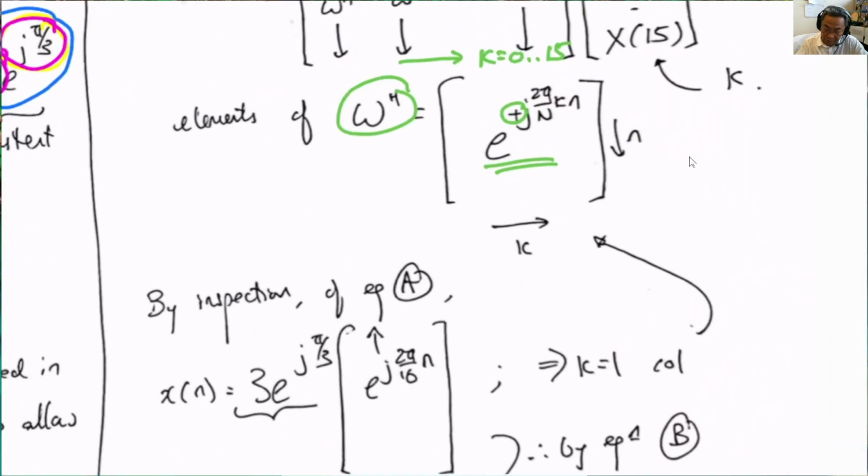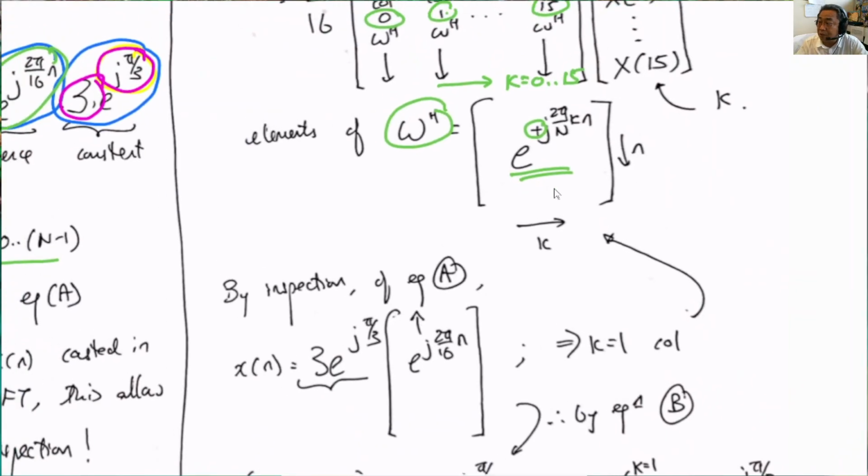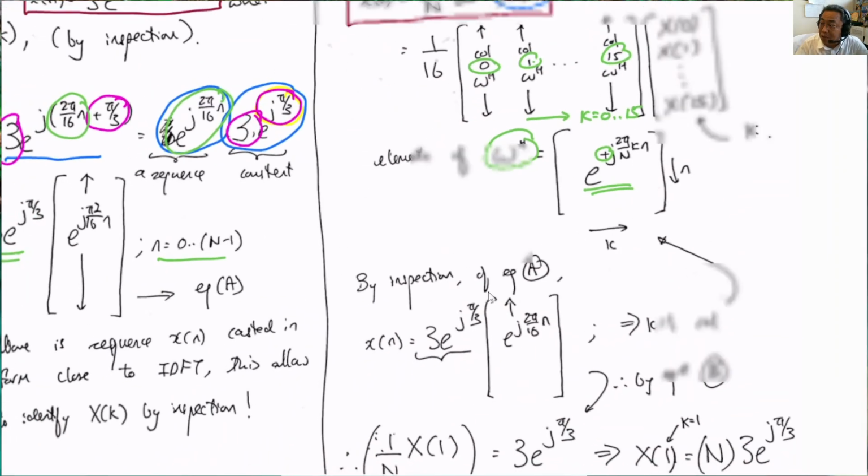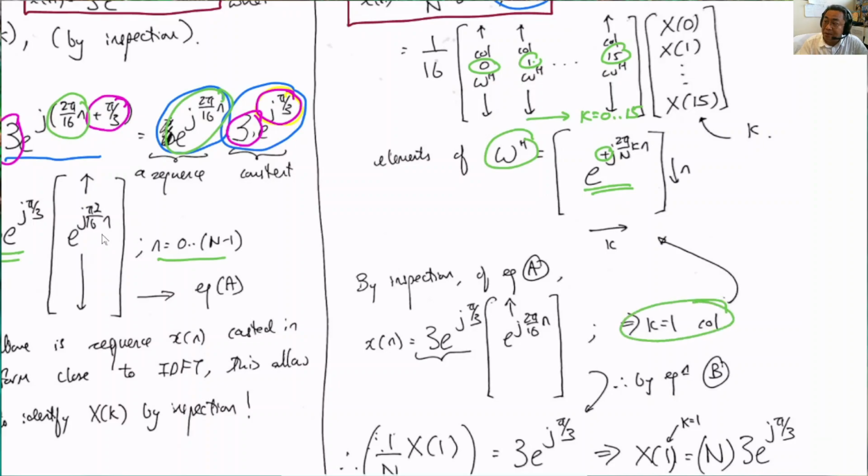Once we have this equation, all we need to do is to fill up the columns. By inspection of equation A, we need the column e^(j2π/16 n). Therefore, k is equal to 1. So we are interested in when k is equal to 1, 2π/16, then the varying n over here. So we can write this as column 1 of W^H.